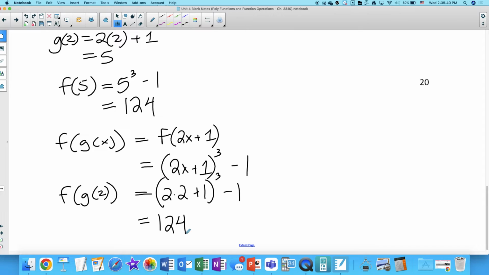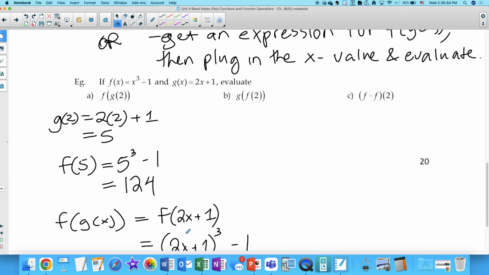Okay, if we were to evaluate this one, g of f of 2, again we could start by looking at this first. f of 2 is 2 cubed minus 1, so that's 8 minus 1, which is 7. Now we look at g of 7, which is 2 times 7 plus 1. That's 15.